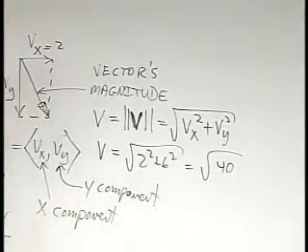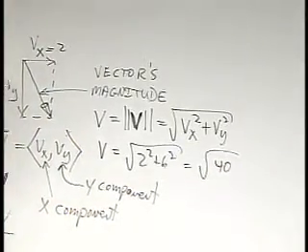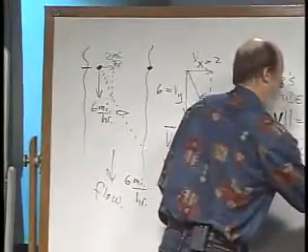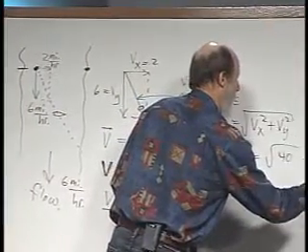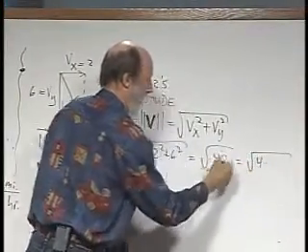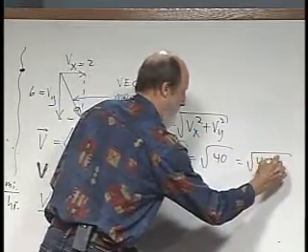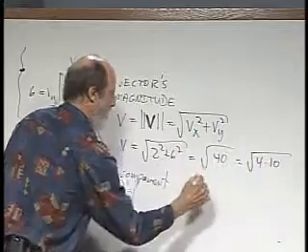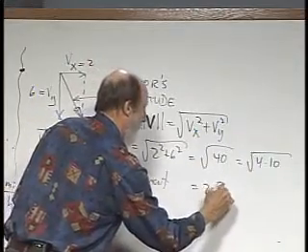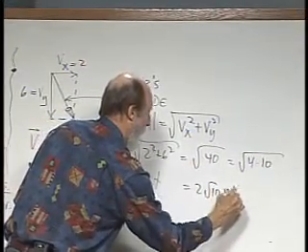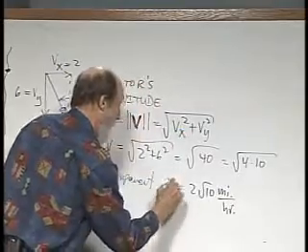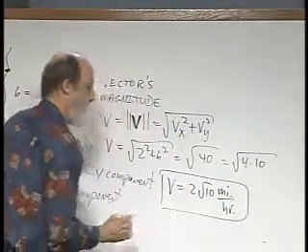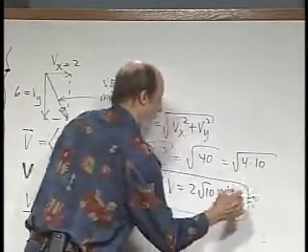And we oftentimes want to write down the exact value. So, once again reviewing an intermediate algebra idea, you look for perfect squares underneath the radical. 4 times 10, and out pops a 2. So 2 radical 10 miles per hour is the speed of the boat.